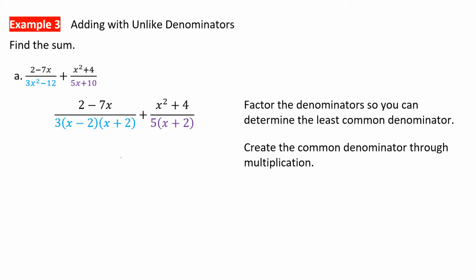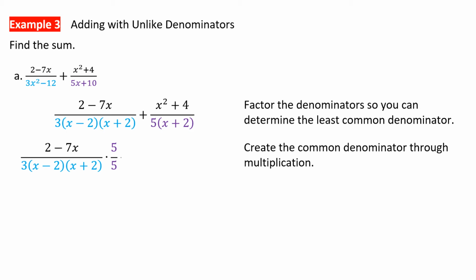So now we want to create a common denominator by multiplying. We want to build up the first denominator with what it doesn't have, and also the second with what it doesn't have. So the only thing that's missing on the left-hand side is that 5. We can't just multiply 5 in the denominator, we multiply it in the numerator also, because 5 over 5 is equivalent to 1.